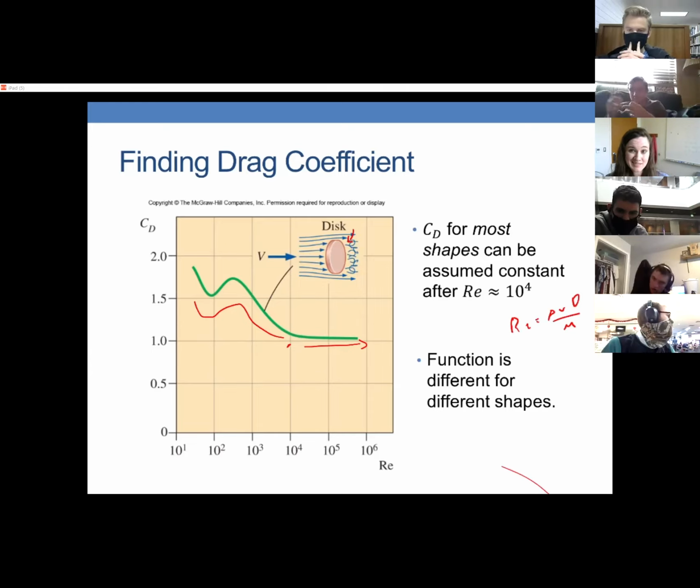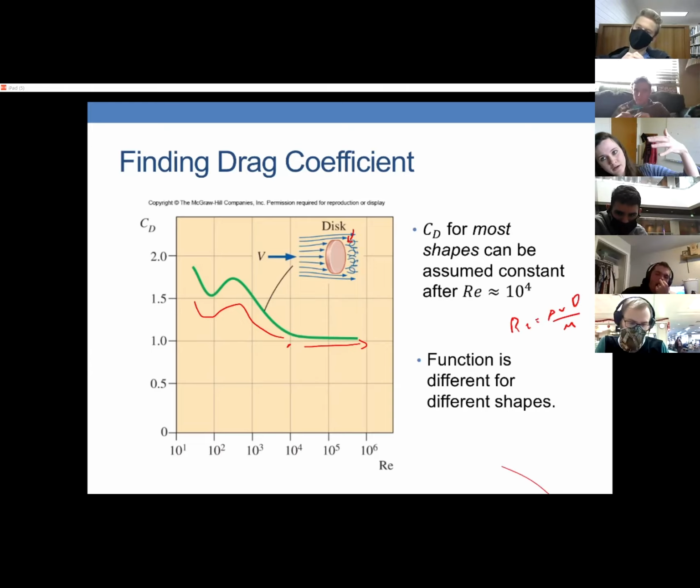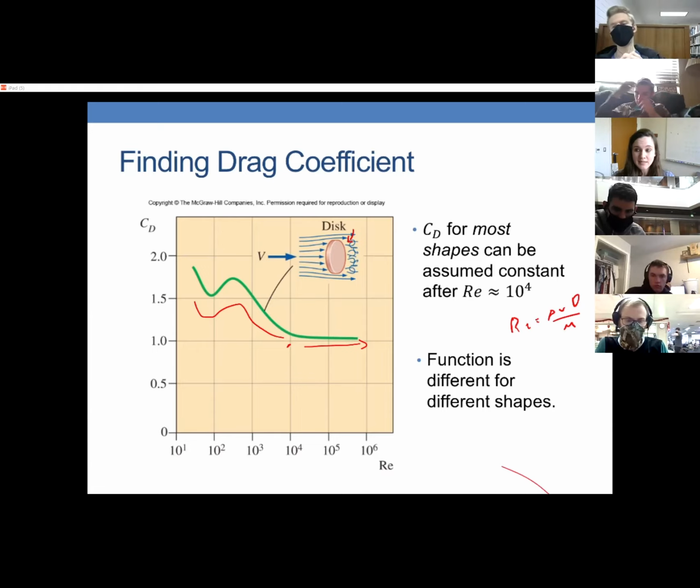Then there's v, and then there's d, which is the size of your thing. So if your object is really small, then it would have to be faster. It's not only a velocity thing, it's the size, the shape, and the velocity. They're all those things together, which is the point of having some parameter like the Reynolds number that puts it all together for you.